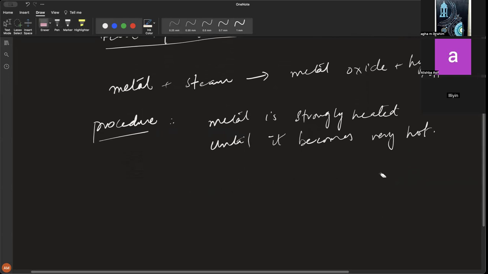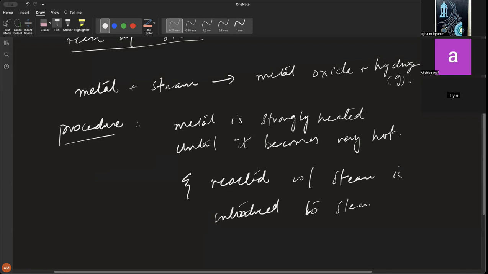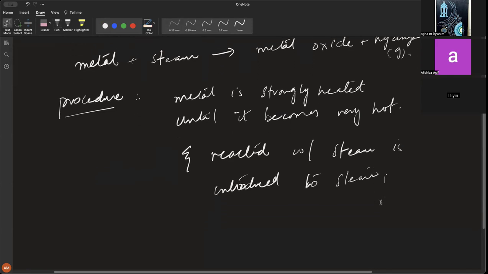We'll write that the metal is strongly heated until it becomes very hot and reacted with steam, or is introduced to steam. All right.